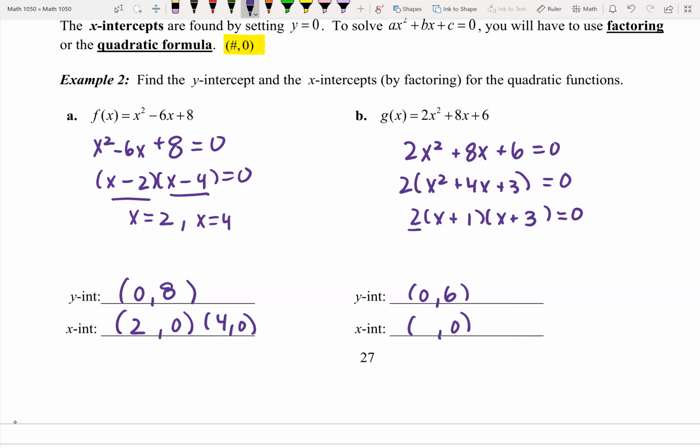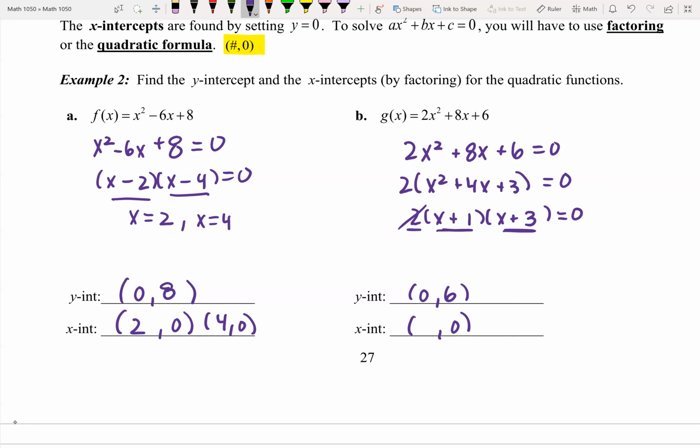Now I want everyone to look right here. If I multiply this times this times this and get a 0, one of them has to be a 0. Could the 2 be equal to 0? No. Is it true that I'm always just going to disregard that, whatever's out there, and it won't give me a solution? That is false.